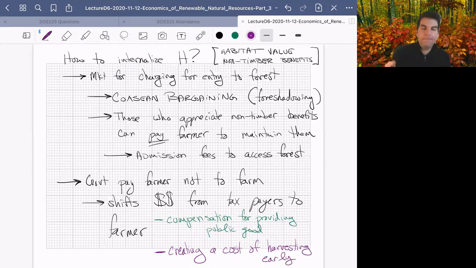So by paying farmers who harvest late, what you are implicitly doing is taxing farmers who harvest early. That would be another way we could have done it, is we could tax farmers who harvest early.